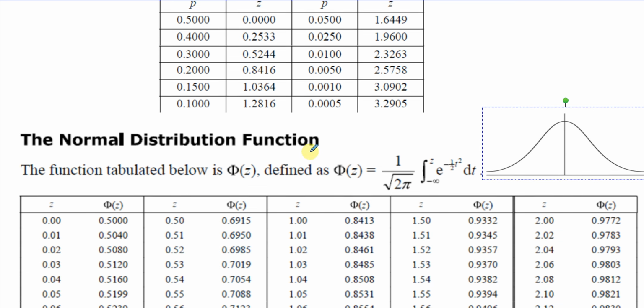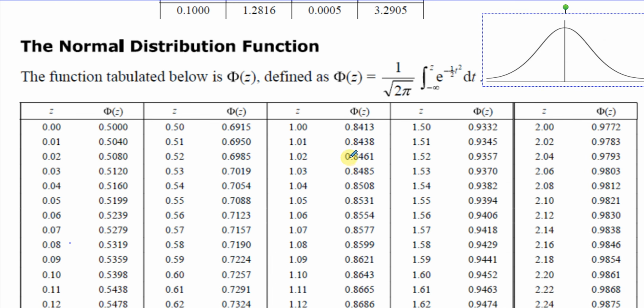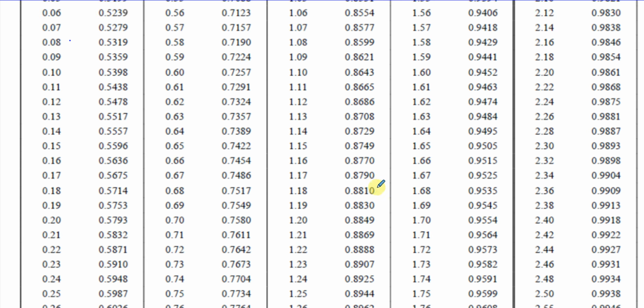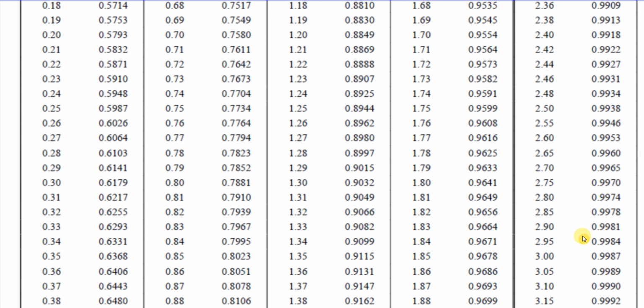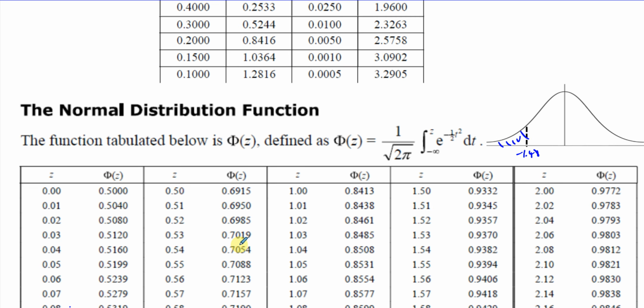Here we have the probability distribution table, and we're looking for the probability of z less than minus 1.48, so we're looking for this area here. Unfortunately, we don't have any z values which are less than 0. They're all positive, because this only tells us the standard deviations above the mean.